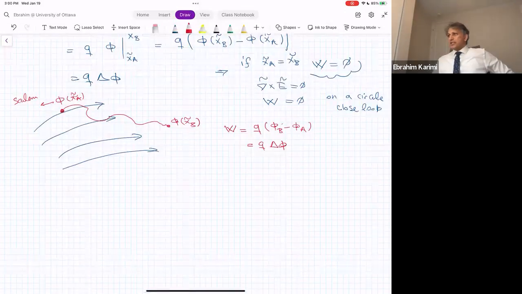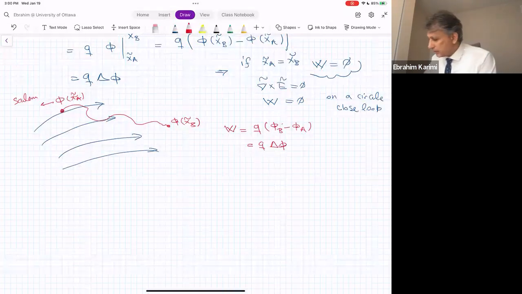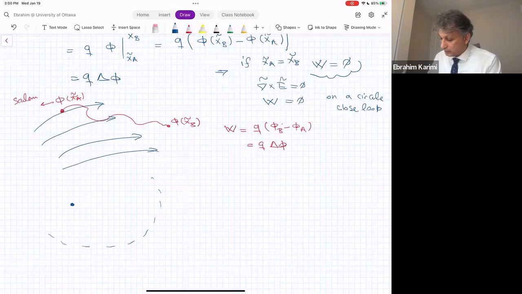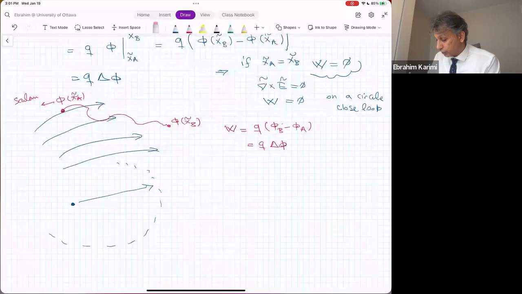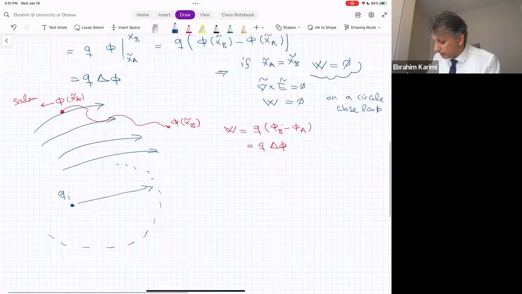So now let's extend it to understand a little bit what is happening with the case that I have a point charge in space. So what is the potential of a point charge at any position here? Let's call it a point charge of qi, located at xi.